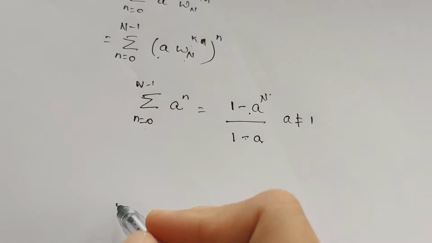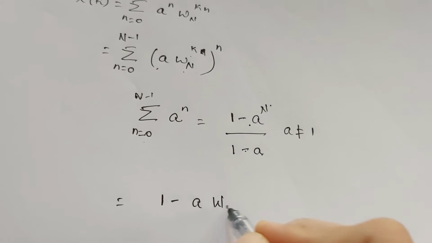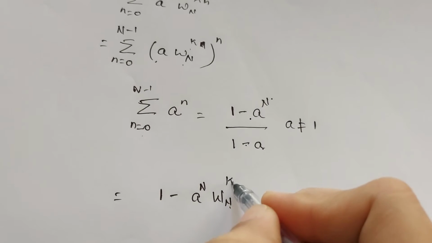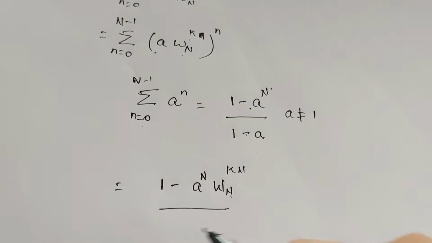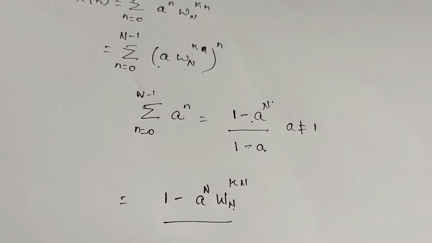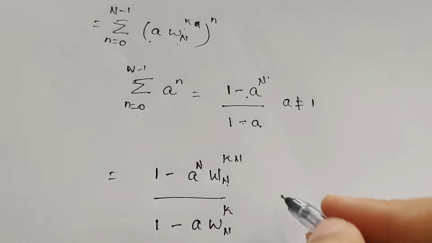So now I will substitute: it is 1 minus (a W_N to the power of k) to the power of N divided by 1 minus a W_N to the power of k. So what is your W_N?